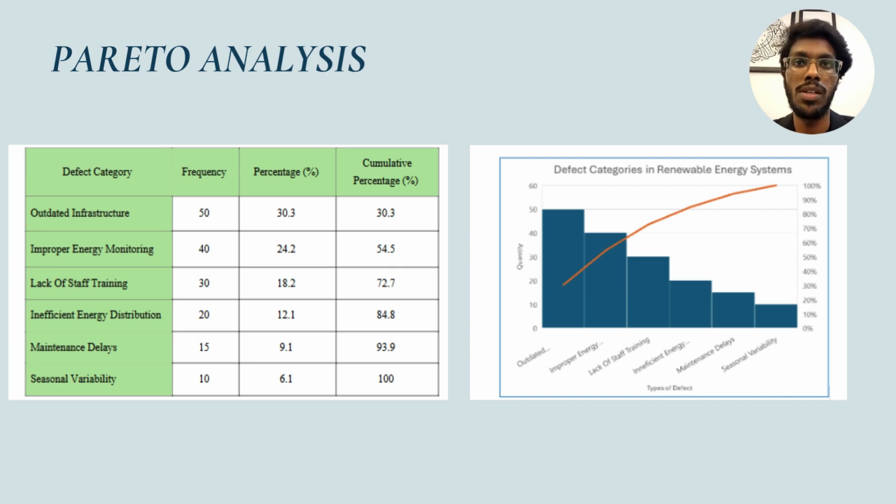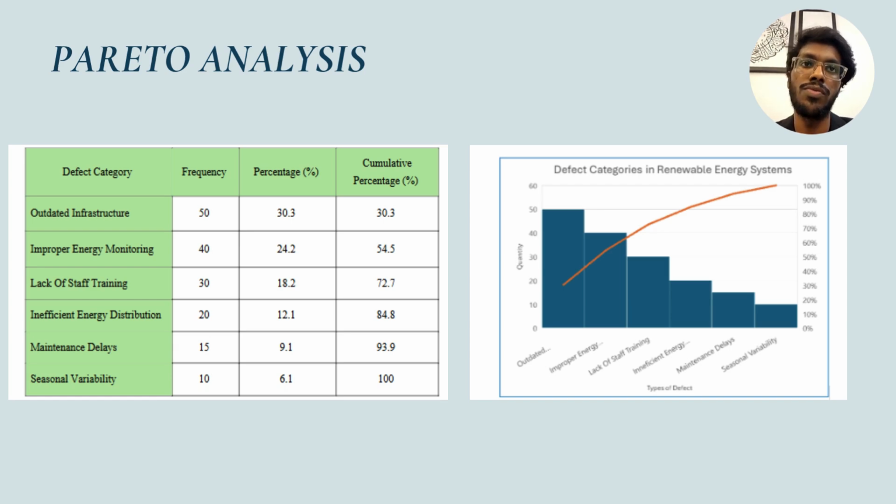So the Pareto analysis conducted as a part of this project identifies critical areas of inefficiency within renewable energy systems at Malaysian University. The analysis categories are defined into 6 primary areas, which are outdated infrastructure, improper energy monitoring, lack of staff training, inefficient energy distribution, maintenance delays, and seasonal variability.